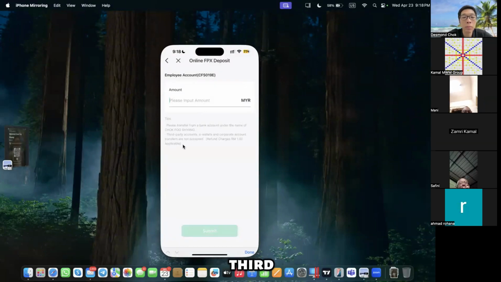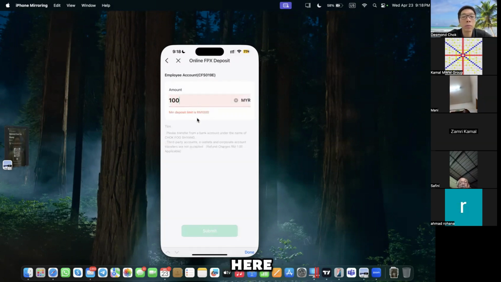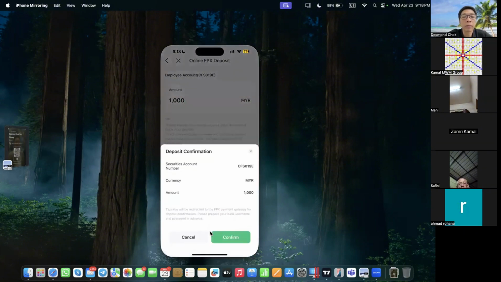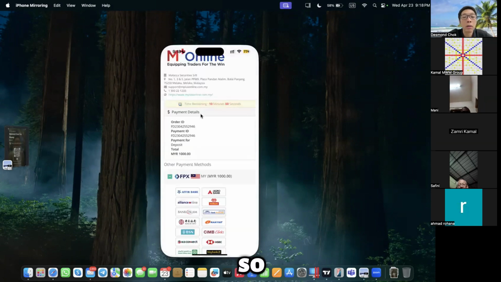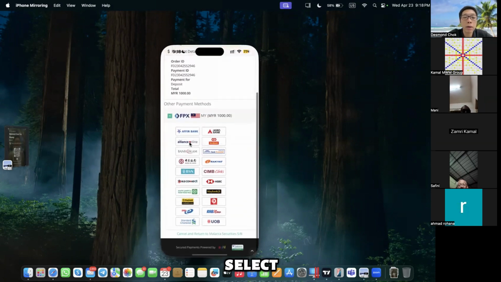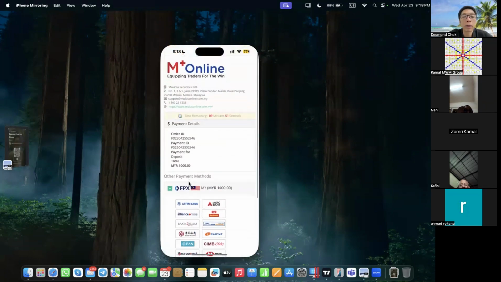Make sure there's no third party account. Okay. Minimum is 1,000. See, you mentioned here, minimum 1,000. Okay. When you click submit, okay, click confirm. Then just go there. So it comes out here. So select which bank you want to deposit from. Make sure it's your own account, no third party account. Okay.